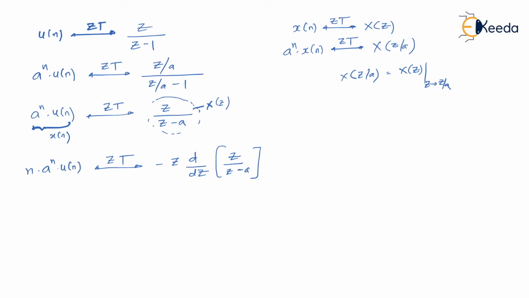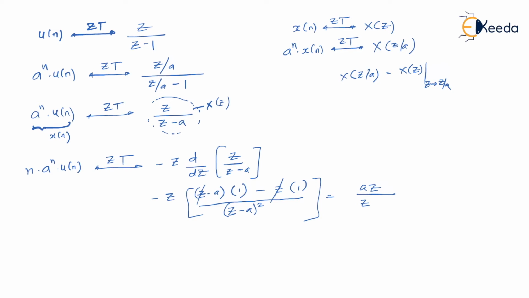Again, we are going to apply the u by v property, that is minus z into v times the derivative of u minus u times the derivative of v, divided by v square, that is z minus a whole square. Again, z and z get cancelled. What is remaining is az upon z minus a whole square.